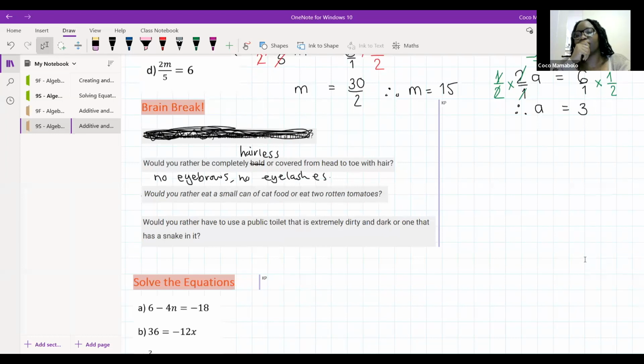I would be completely hairless. Why? Because, ma'am, you can put on fake eyelashes, draw on eyebrows and wear a wig. Okay. So you've got to become an expert eyebrow drawer, because if you get it wrong, people are going to ask, "Sissy, what's wrong with your eyebrows?"